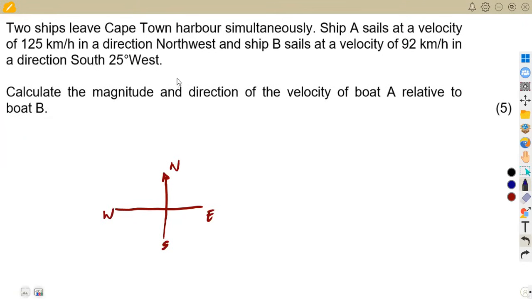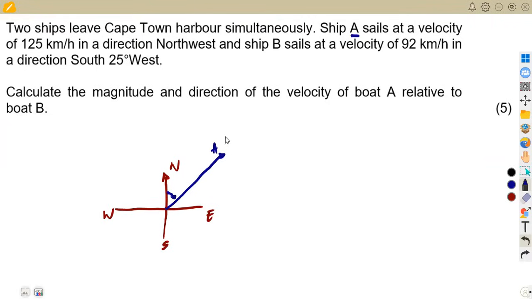So the first one, which is ship A, sails at a velocity of 125 kilometers per hour in the direction, take note, northeast. The part of this direction was fine, so you're just going to take this northeast. Remember I said it's in between the north and the east, meaning it's taken at 45 degrees. So we're moving from the north to east at 45 degrees in this case.